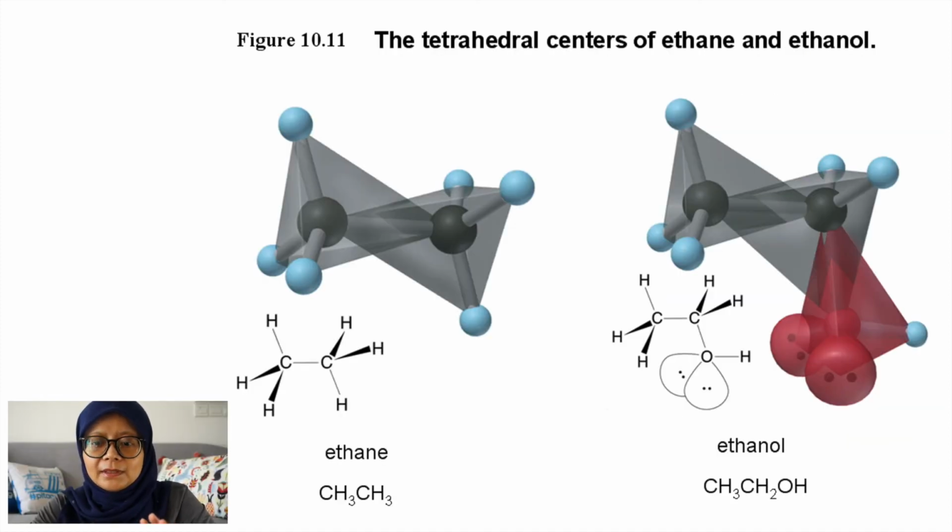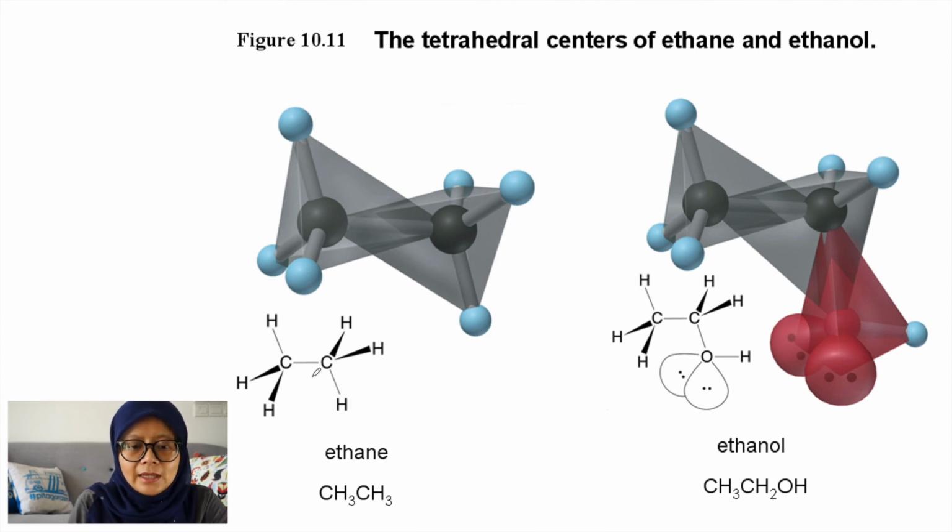The last slide for this topic, part 2, is figure 10.11, where both of these have tetrahedral centers, ethane and ethanol. For ethane, this is carbon 1 and this is carbon 2, and both have tetrahedral geometry because they have no lone pair surrounding carbon 1 and carbon 2.